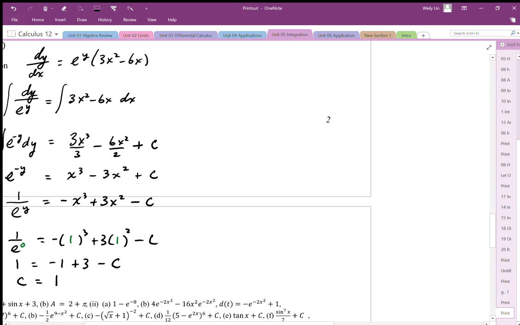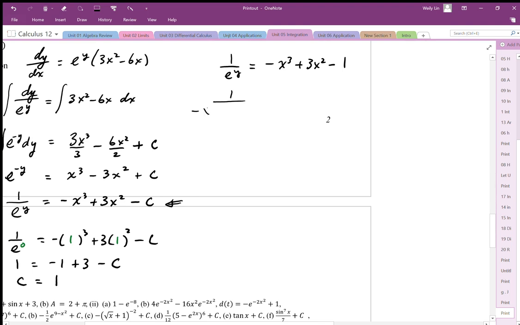So my differential equation so far looks like this. I still need to solve for y. So 1 over e to the y is equal to negative x cubed plus 3x squared minus 1. Okay, and then I'm just using this equation and plugging the minus 1 into there. I need to solve for y now. So what I'm going to do is I'm just going to cross multiply this to get the y out of the denominator.